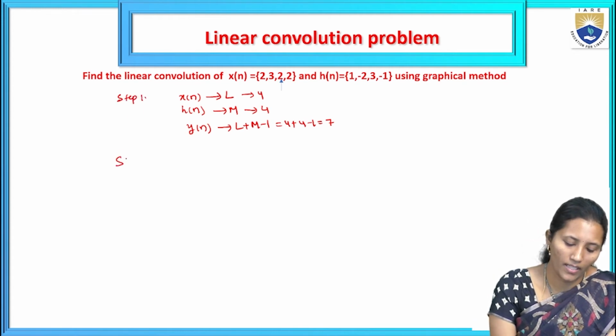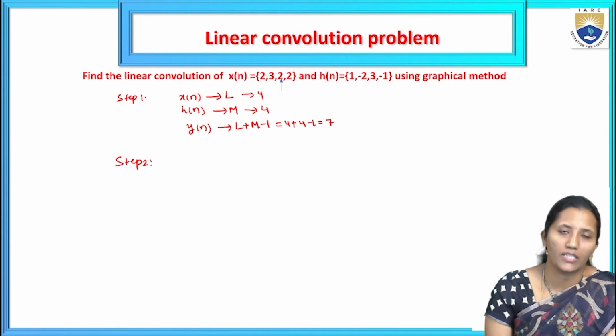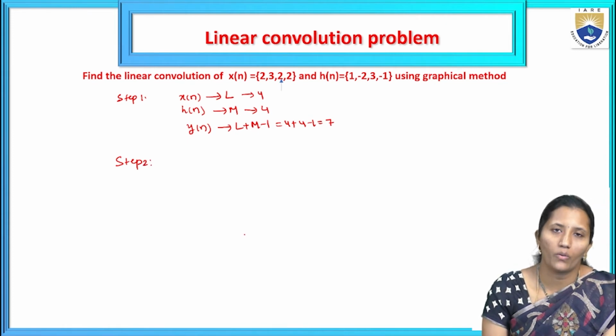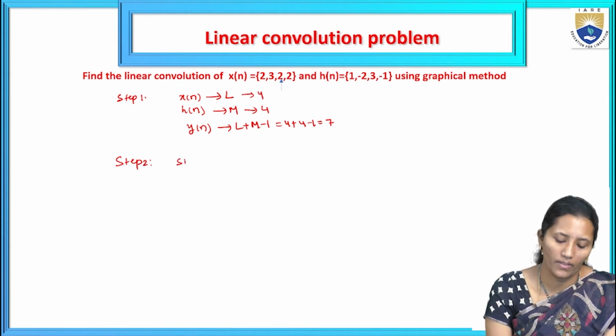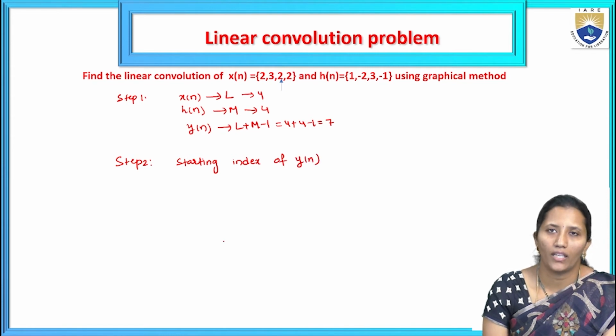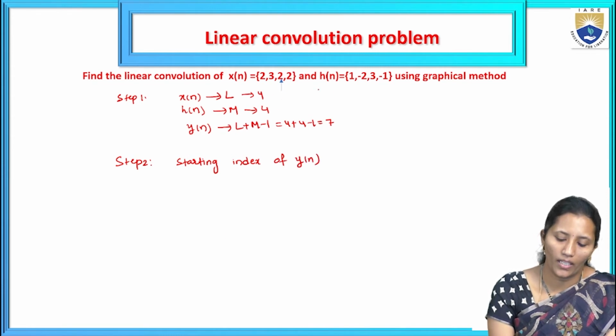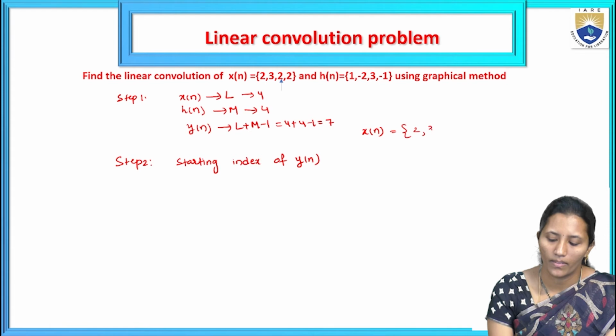In the second step, we should find out the starting index of y of n. How to find out the starting index of y of n? If we take the x of n series, the arrow mark indicates the 0th sample.